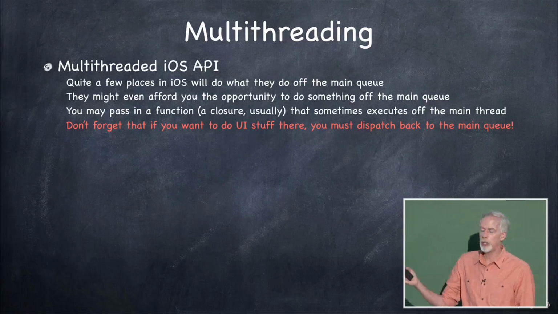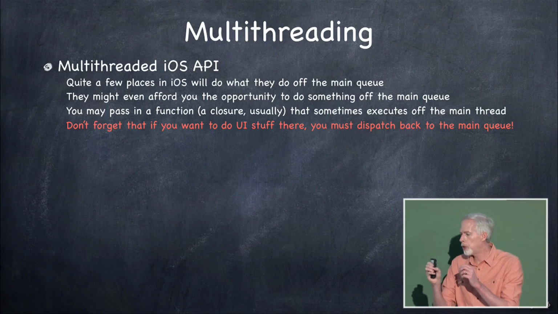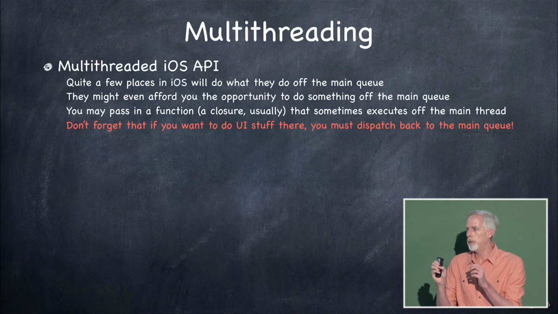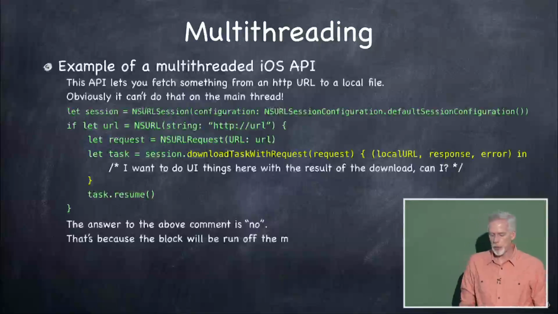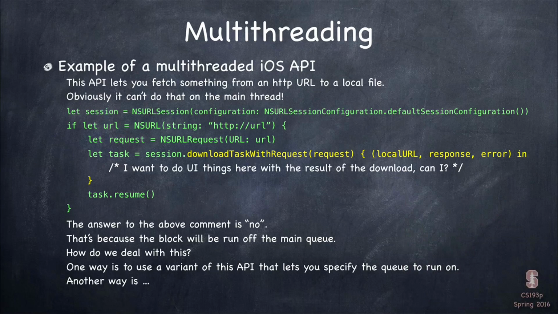And the documentation for that function will say your closure is executed off the main queue asynchronously. So what kind of methods are we talking about here? Here's one that fetches a URL from the internet, downloads it. And it does it asynchronously, obviously, because you wouldn't want to block the main queue waiting for this URL to load. And when it comes back, it calls this closure right here.